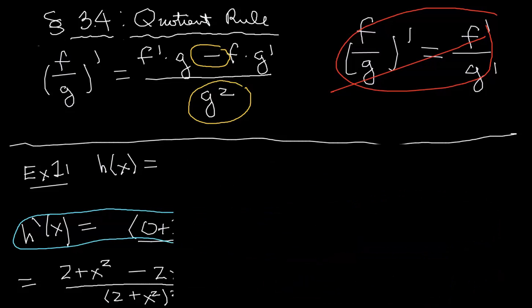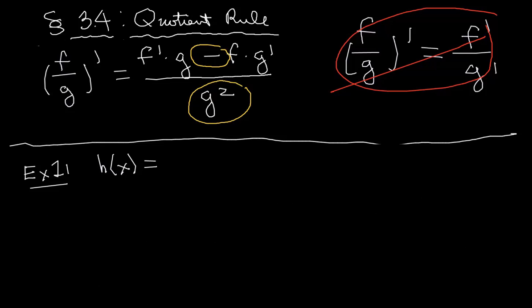Let's do one with slightly more complicated functions. So let's make h of x, and this is example 2 now. Let h of x be 1 plus x divided by ln x.